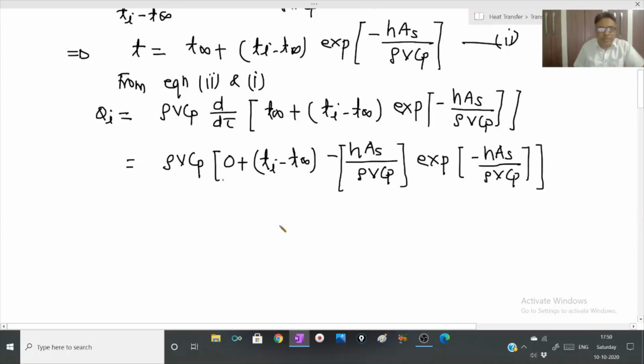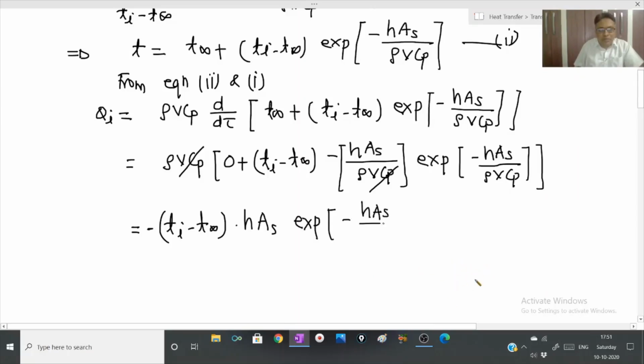This rho VCp will get cancelled by this. So what I will get is Ti minus T infinity into h into As. This minus sign will come in the front, exponential minus h into As over rho VCp, tau is also there, sorry.